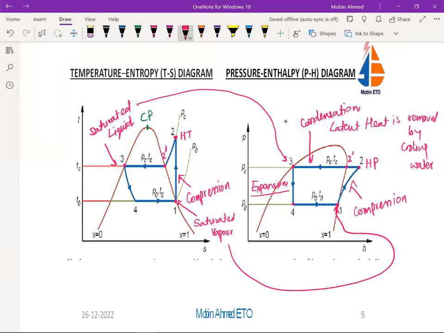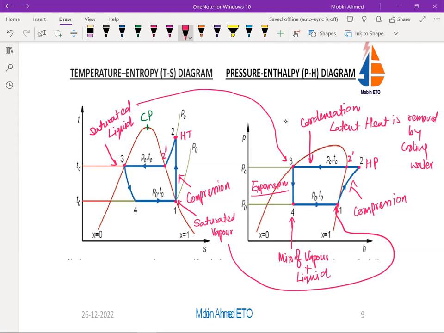Okay, and when it goes from 3 to 4, at point 4 it is going to have a mix of vapor and liquid. Because this is the area, it is going to be a mix of vapor plus liquid.